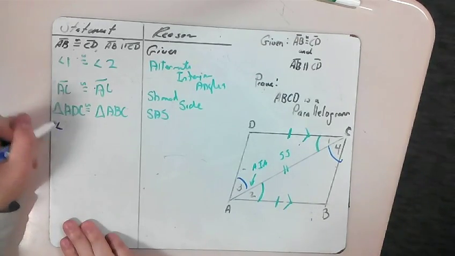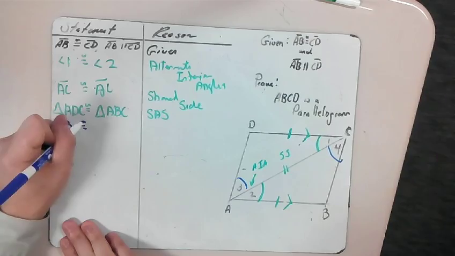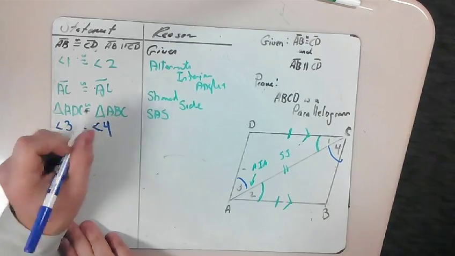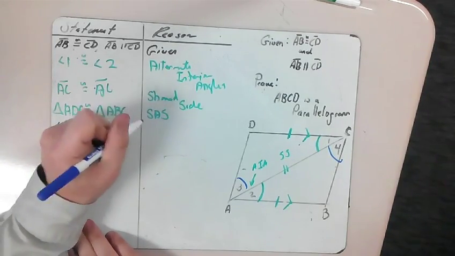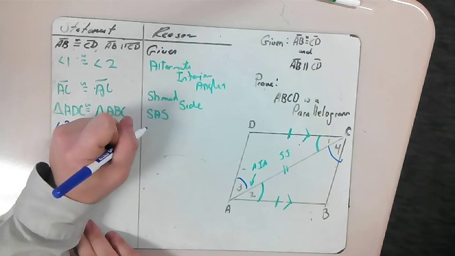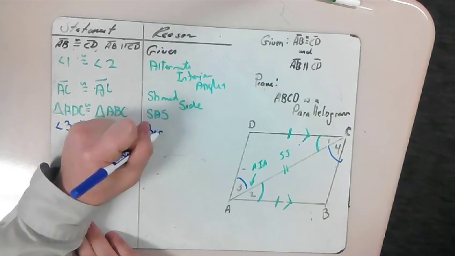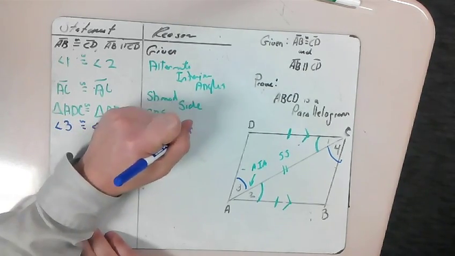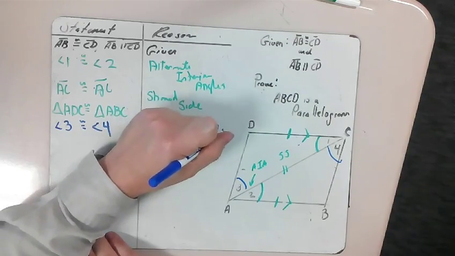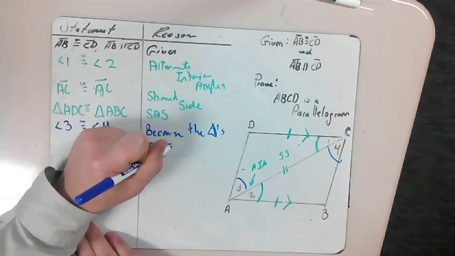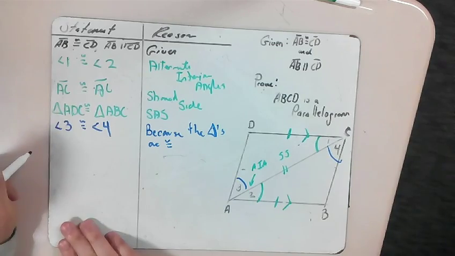So I'm going to say that angle 3 is congruent to angle 4 because the triangles are congruent.